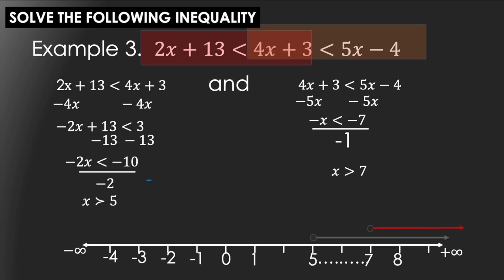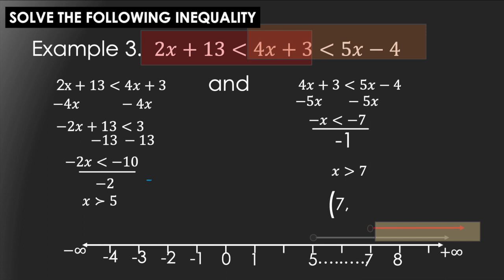Now, the values of x that are true for both parts are the area that overlaps. So in this case, all values of x greater than 7 till positive infinity. To write this in interval notation, we use a parenthesis beside 7 because 7 is our lower limit and 7 is not included.